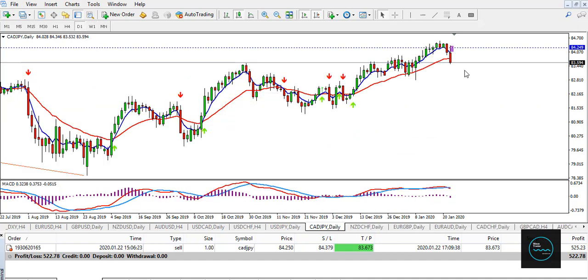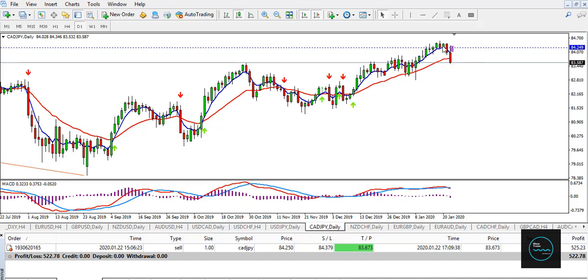Now you see where the purple box is. That was where the market was at the time I came to this chart this morning. So I saw this on the monthly chart, and I saw that on the daily chart, we're beginning to have what looks like negative divergence.